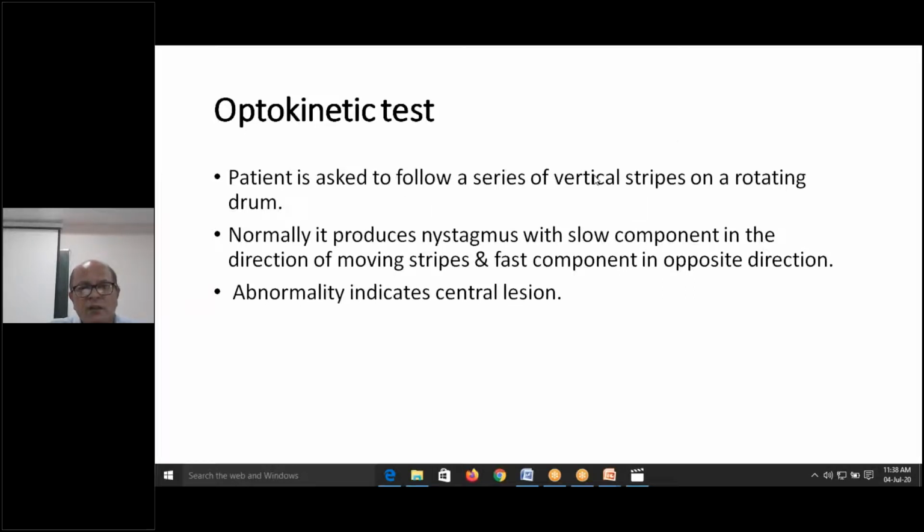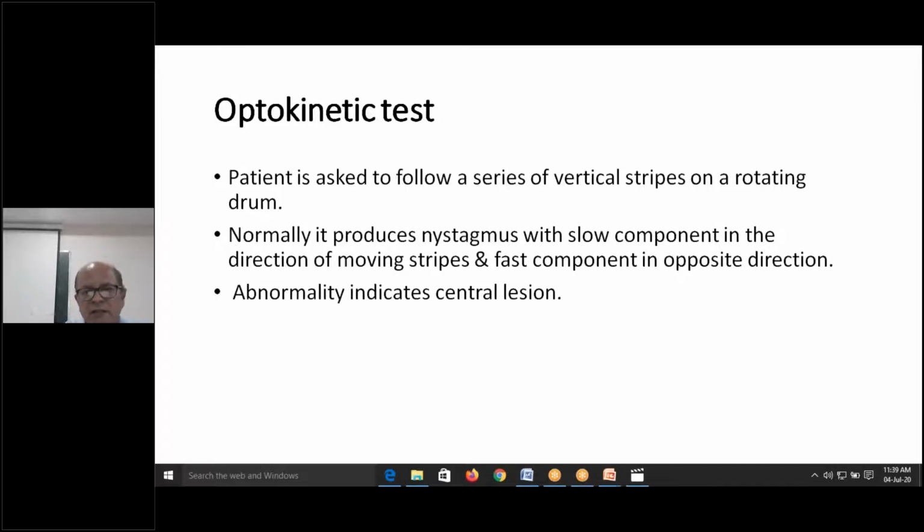The patient is asked to follow a series of vertical stripes on a rotating drum. If the background is white, there will be black stripes, or if the background is black, there will be white stripes. The rotation is at a fixed number of cycles per minute.